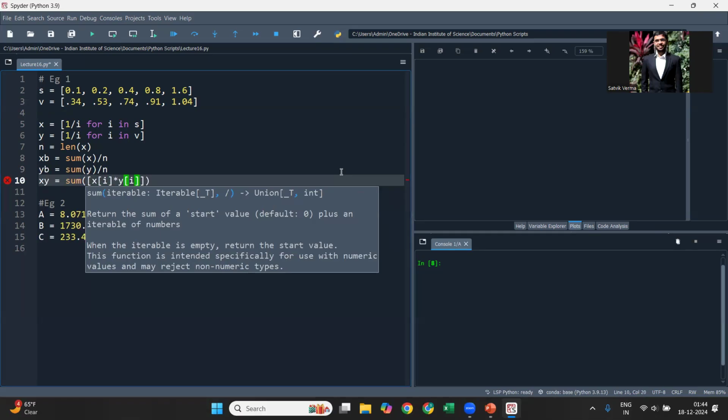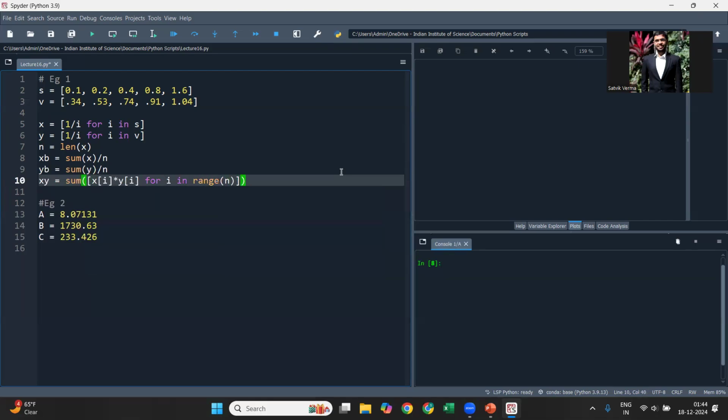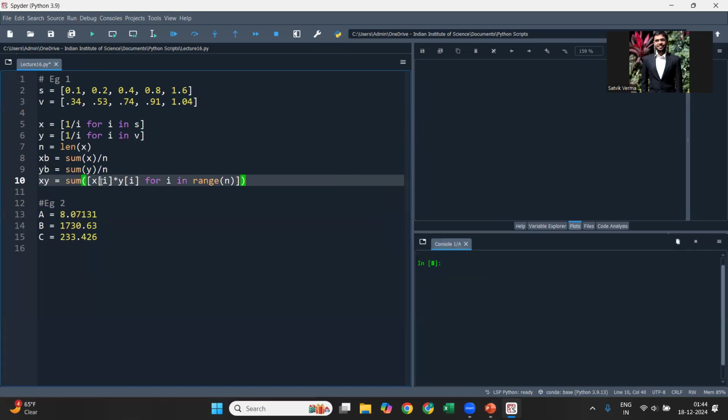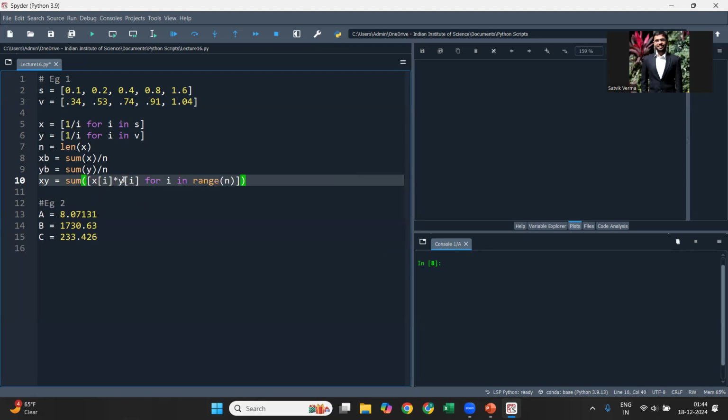So since we are taking elements from two lists, we are not going to use I in S or I in V. Rather, we are going to say I in range N. N is the length of the list. So this accesses the value from the list X with index I, and this accesses the value from list Y with the index I, right?